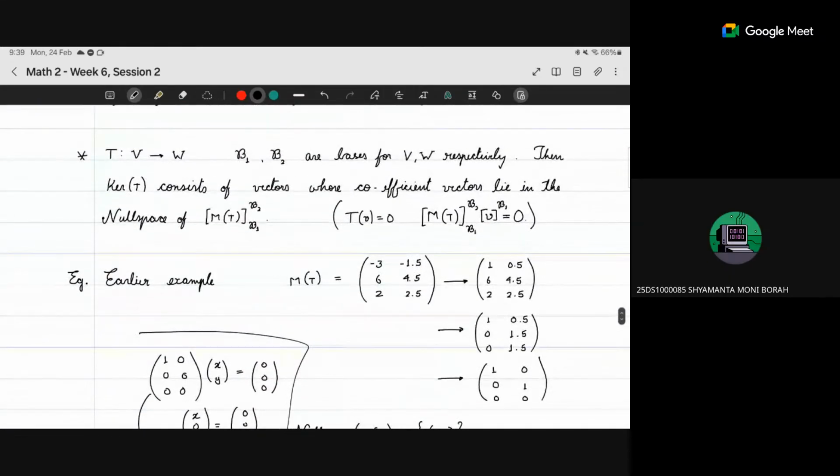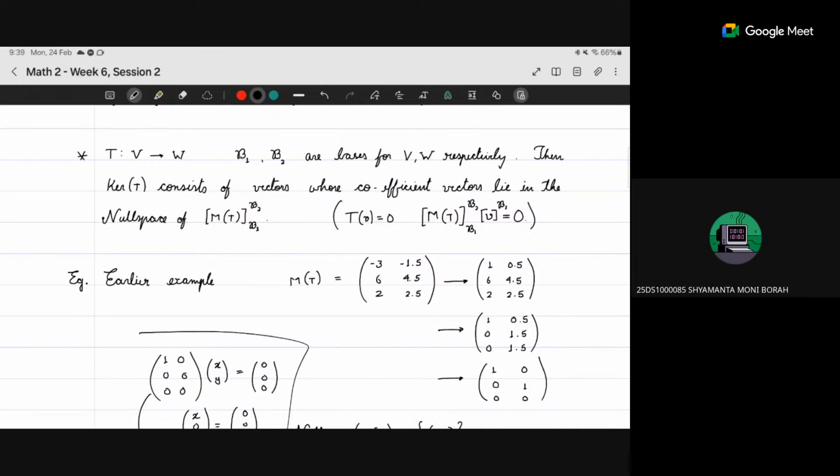So as soon as you're given a matrix, you can do row reduction or row transformations to get two things: nullity and rank. Nullity is the number of independent variables, and rank is obtained by the number of pivot variables.